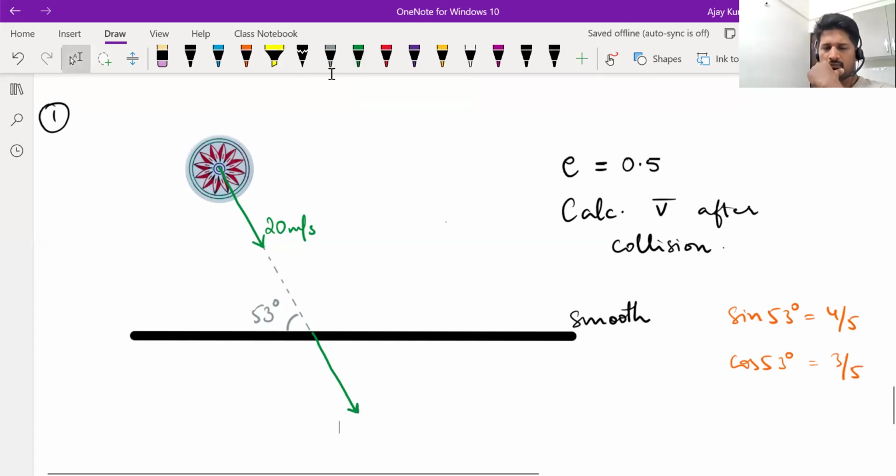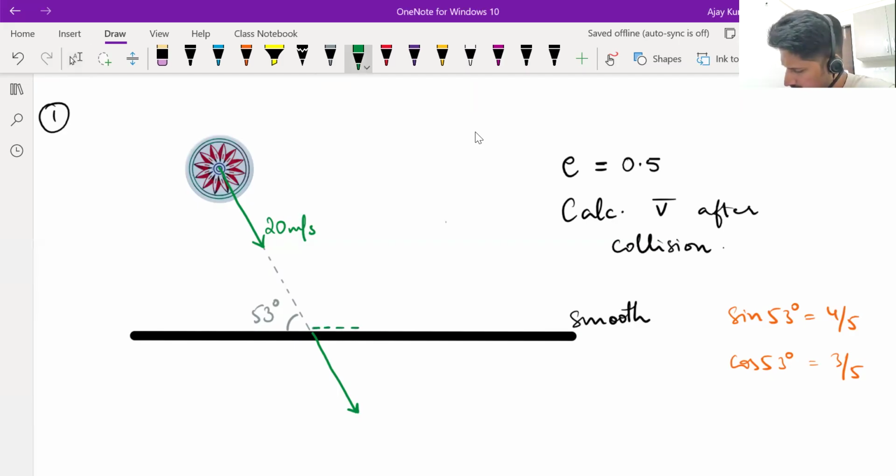Sir, so when it collides, ux will be... Sir, wait, I'm not sure about this. Okay, you have to get the components and then. Okay, Pawan, can you tell the components? Continue. And then Vy will be something like.